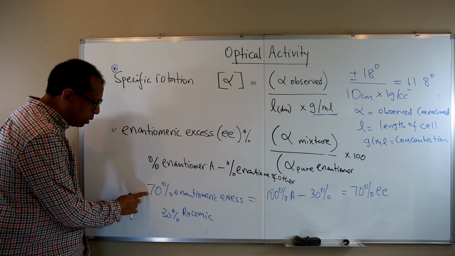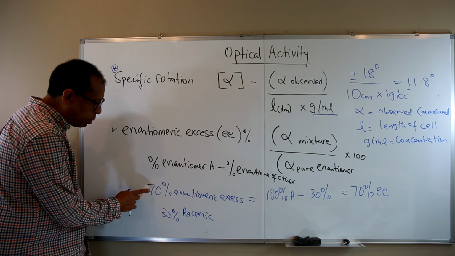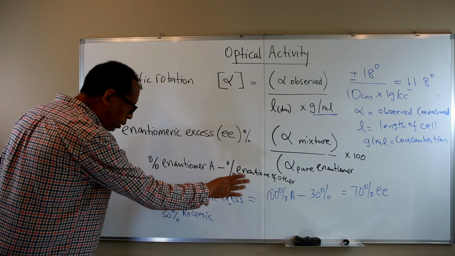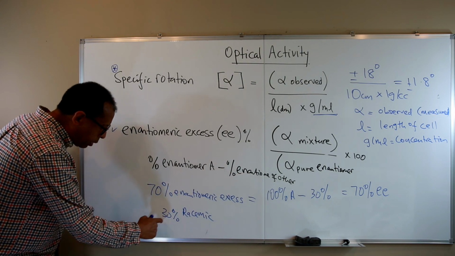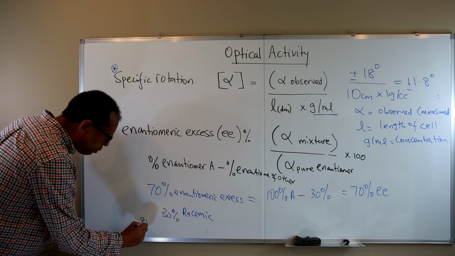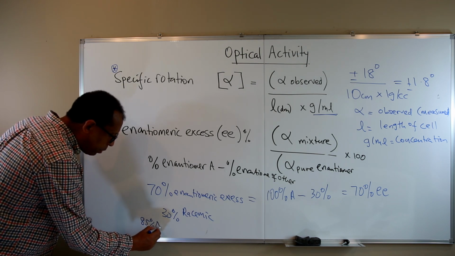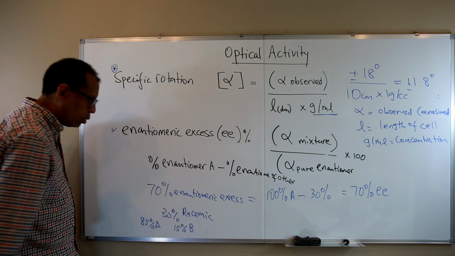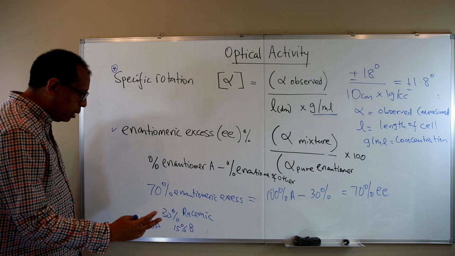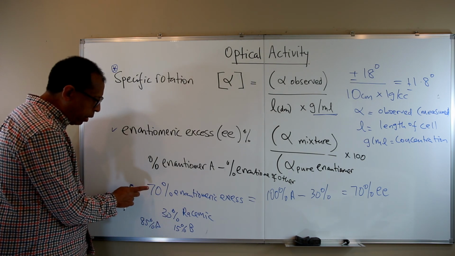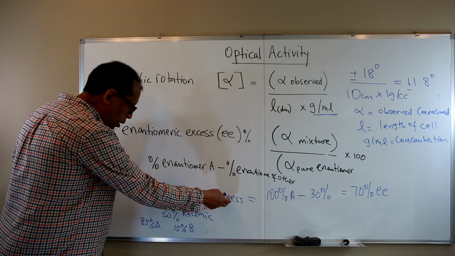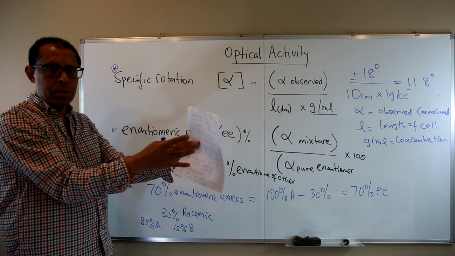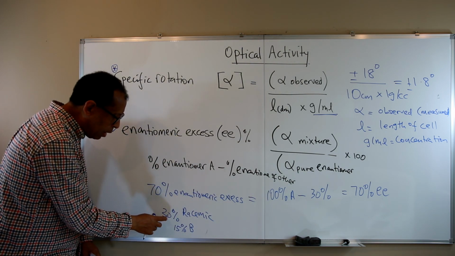So the total amount of A would be, in this case, 85% A and 15% B, the other enantiomer. The way I did it is, if you have a 70% enantiomeric excess, the 30% is an equal mixture of A and B.